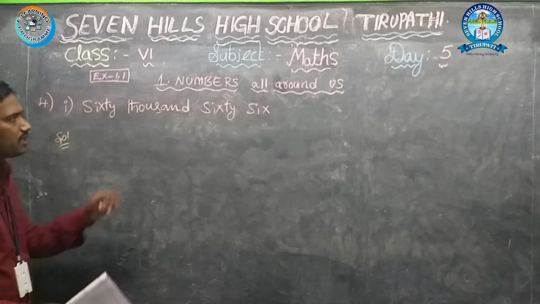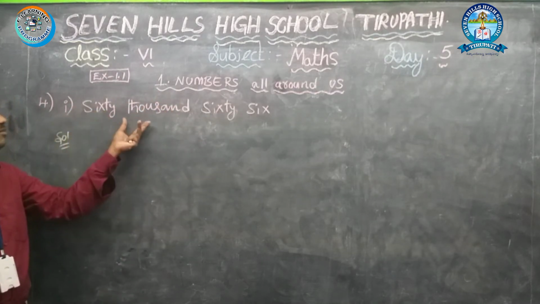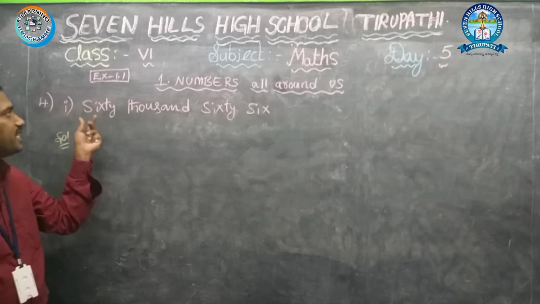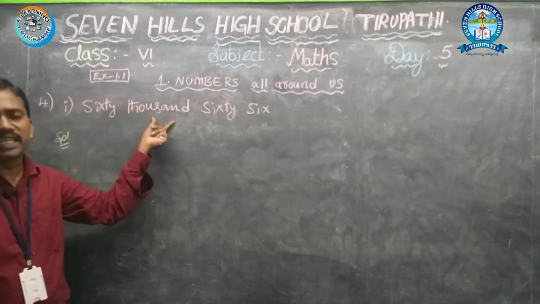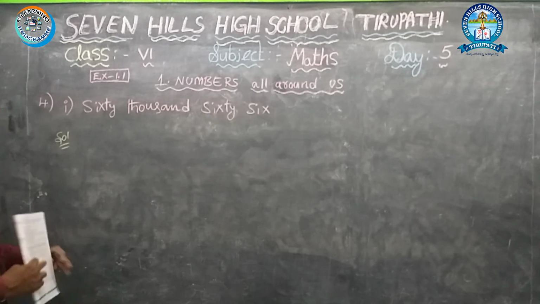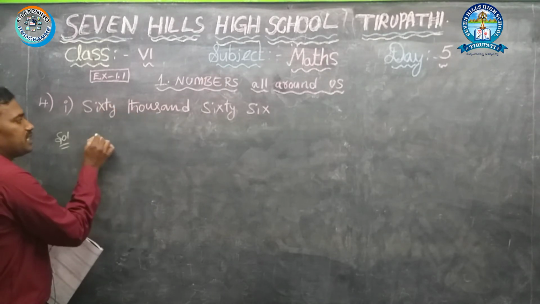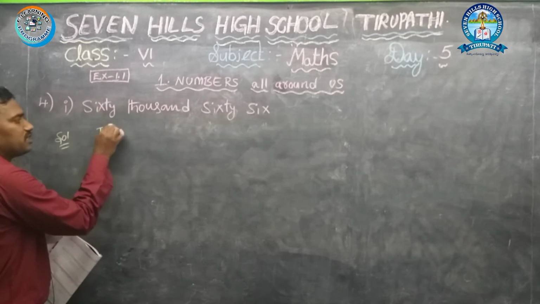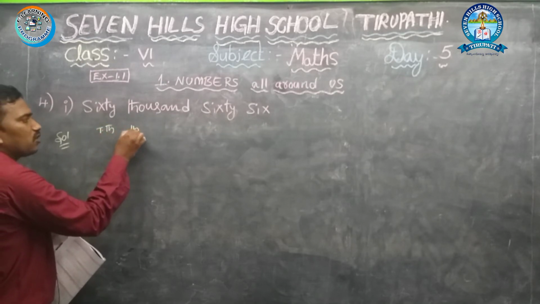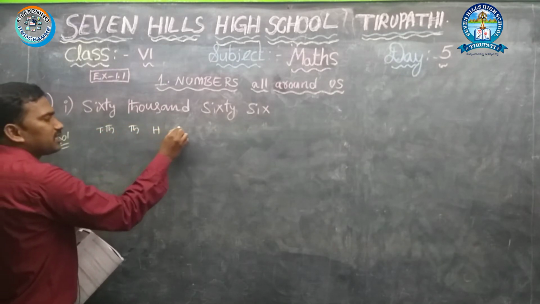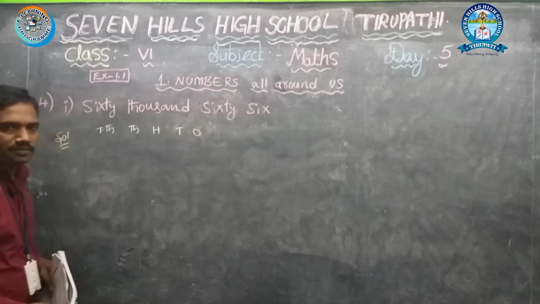Solution. Here, in the number name, which one is the highest place? It is 60,000. That means here we start with 10,000s, thousands, hundreds, tens, ones.